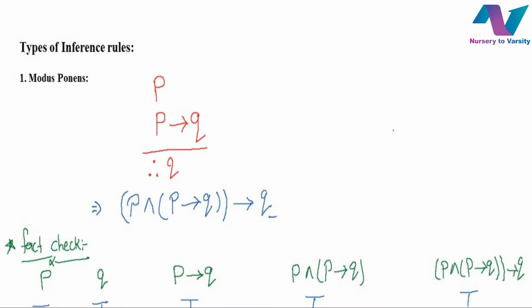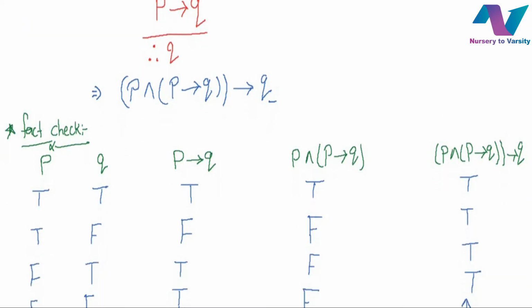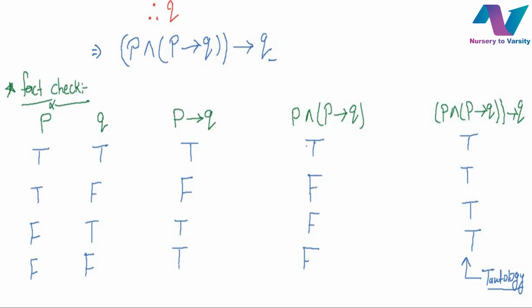From the definition, we can fact check this inference rule with the help of a truth table as well. Here we have a truth table with the values of P, Q, P implies Q, and P and (P implies Q), and in the last column, (P and (P implies Q)) implies Q. While calculating, we know that P implies Q has only one case where it is false: when P is true and Q is false.